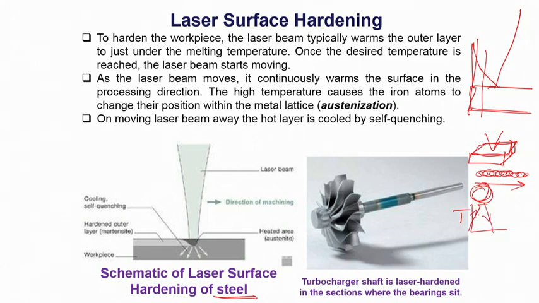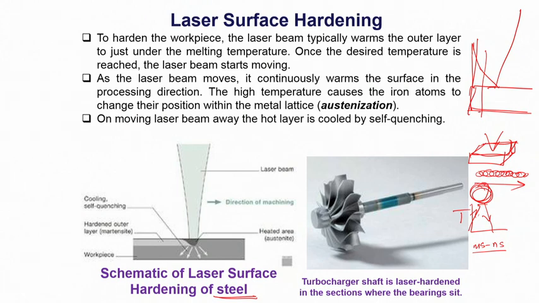This heating and cooling process is entirely confined to this region for the period of interaction, and this time of interaction can be very low, anything like a millisecond to even nanosecond. So in this short period of time, there is rapid heating and rapid cooling.